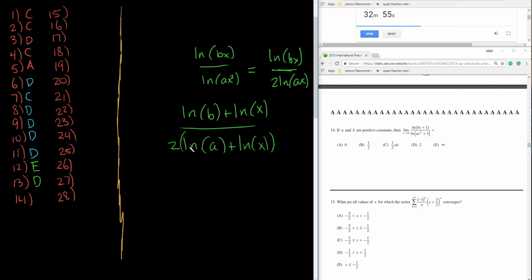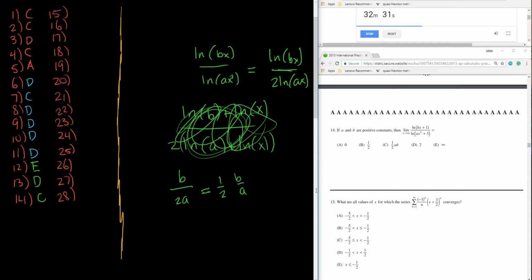Doing this expansion isn't really helpful. Basically, you're going to be left with b over 2a, otherwise known as 1/2 b over a. So, answer C. Because you won't get 1/2, the a's and b's will indeed affect which side grows faster.